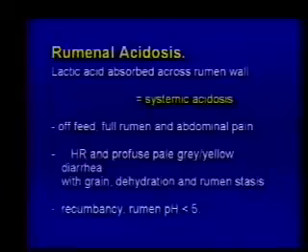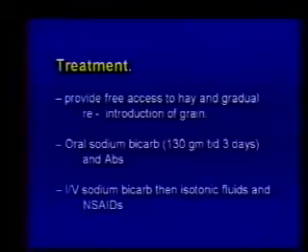When you do a rumen pH in these animals it is usually less than 5.5. So it's a lactic acidosis because it's absorbed from the rumen, and then we have an increased heart rate. The animal may have a yellowish gray diarrhea, abdominal pain, dehydration, eventually recumbency, and death.